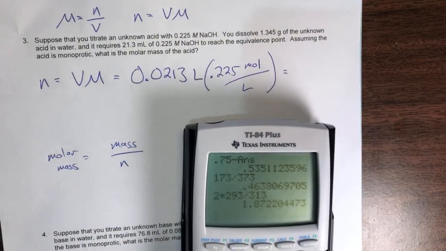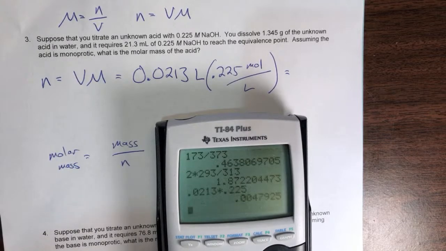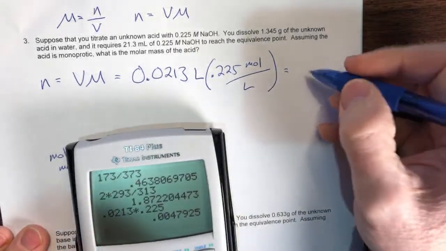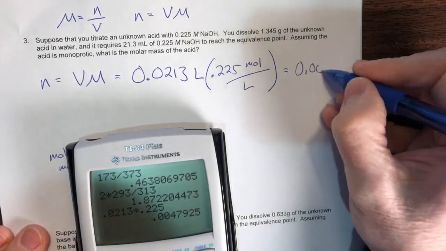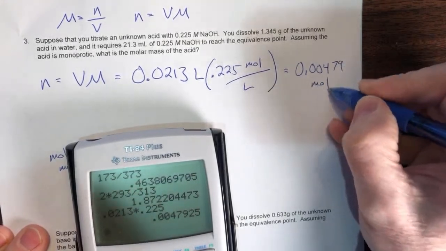And so I'm going to type in 0.0213 times 0.225 to get us 0.00479 moles.